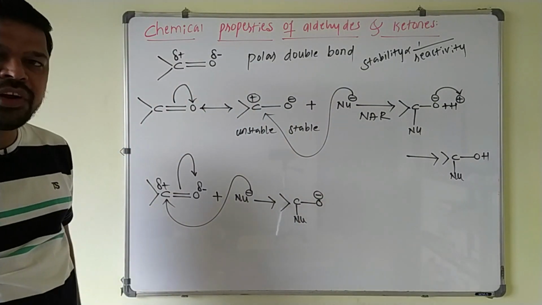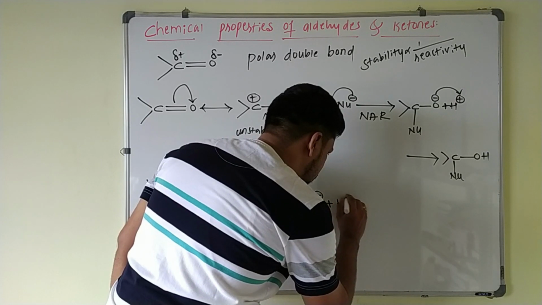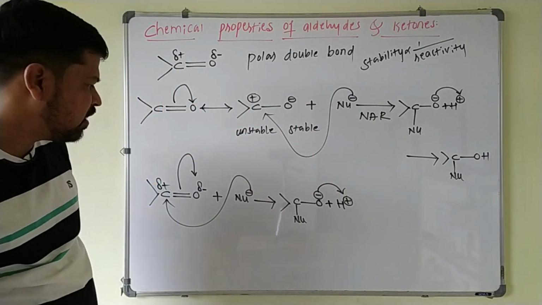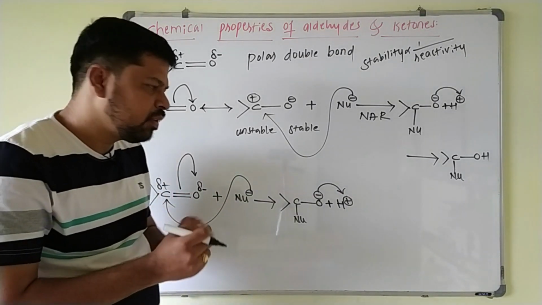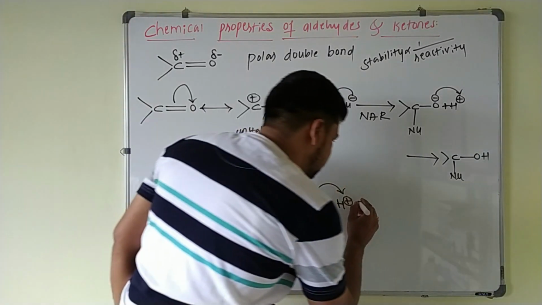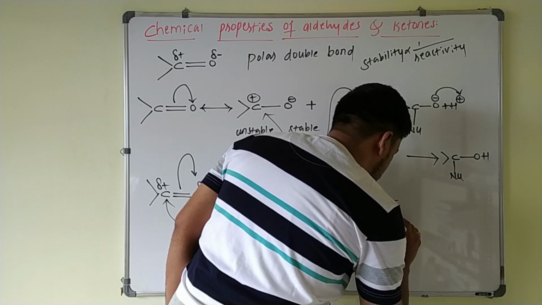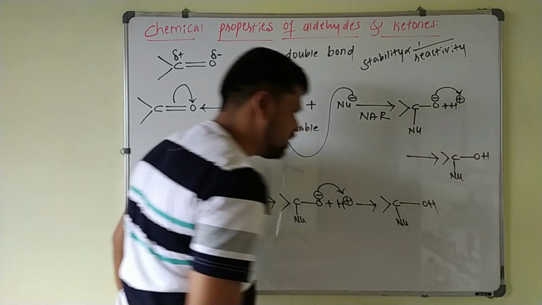In order to give the neutral species, this oxygen will take a proton from the medium. Always keep in mind, in order to avoid confusion, it is better to give the arrow mark from the high electron density to the low electron density. So here you will get the carbon to which the nucleophile is added, and OH is added here.